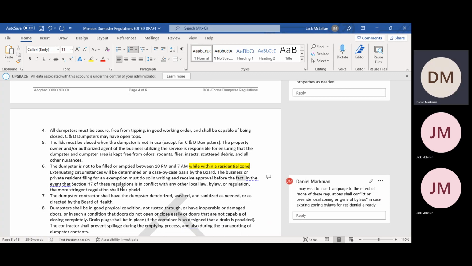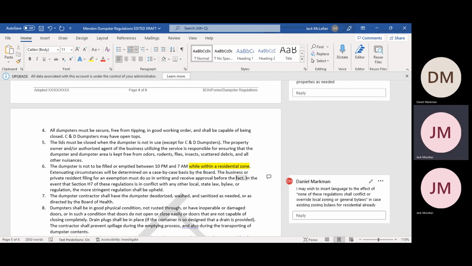And if you would like to add a bit of additional clarity, where it says in the event that these regulations are in conflict with any other local law, bylaw, or regulation, next to local, you could put state and federal as well, just to cover all of your bases. Local, state, and you could do federal if you wanted, although I can't think of any federal dumpster regulations. You never know.